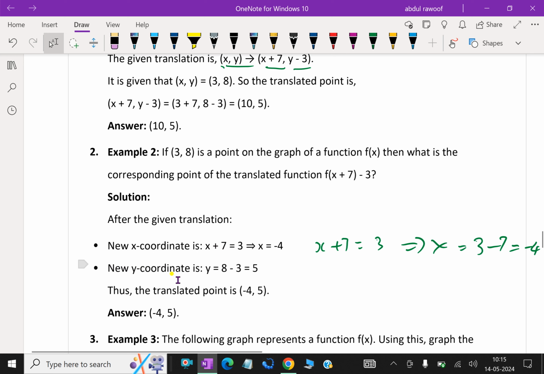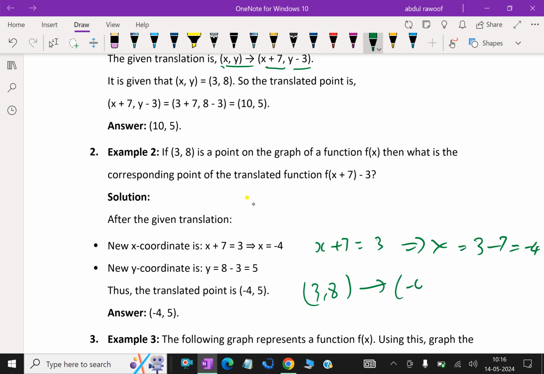Now the new y coordinate: y equals 8 - 3, because y is 8 and we subtract 3. 8 - 3 gives 5. Therefore, this translated point is (-4, 5). That means the point (3, 8) is translated to (-4, 5).